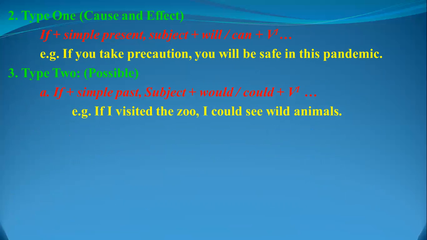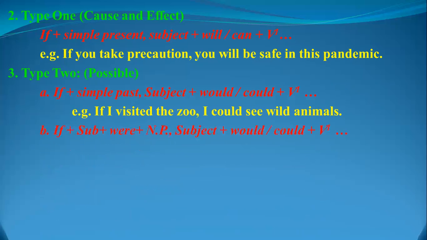Similarly, if I went to the USA, I would enjoy a different life. If I left the town earlier, I could go home on time. These are type 2, past structure.